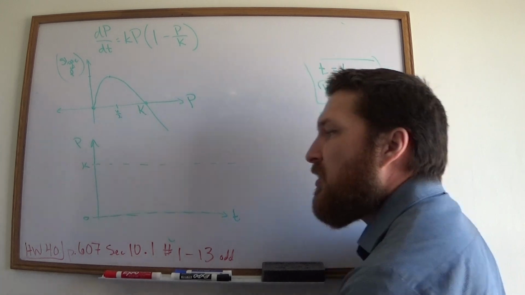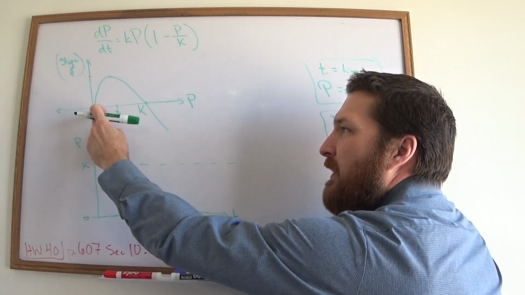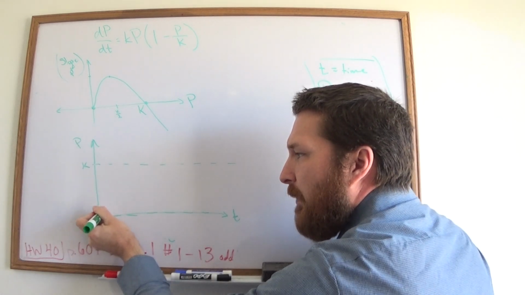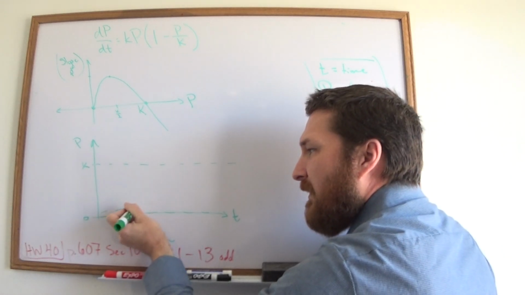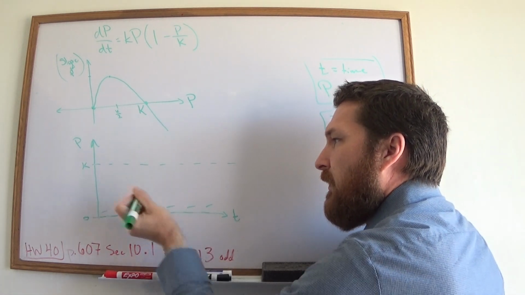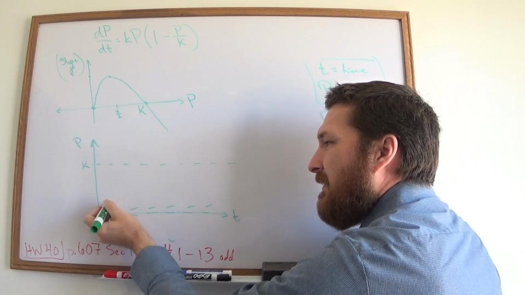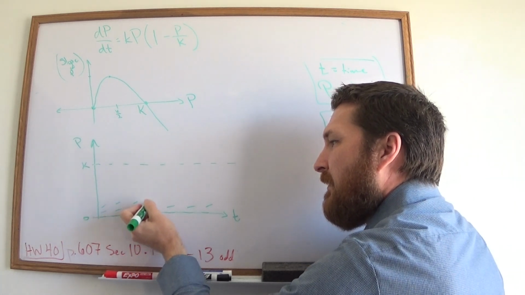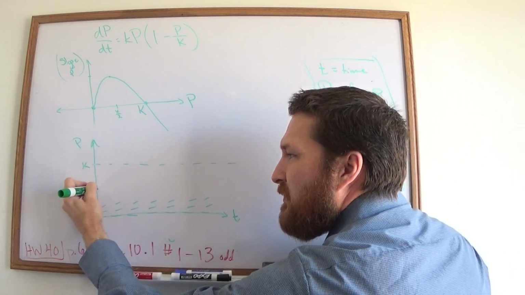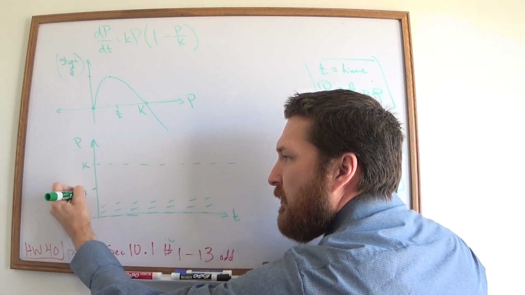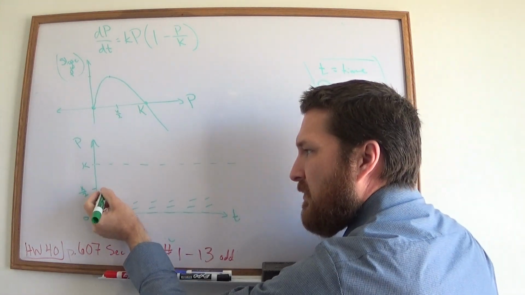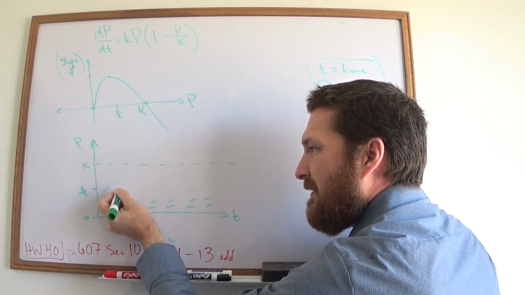So, when p is a little bit bigger, then the slope is a little bit positive. So it looks something like this. It's a little bit positive. When it's a little bit bigger than that, it's a little bit more positive. Until finally we get up to k over 2, where the slope is as positive as it's going to get. And so I'm going to draw that like this.